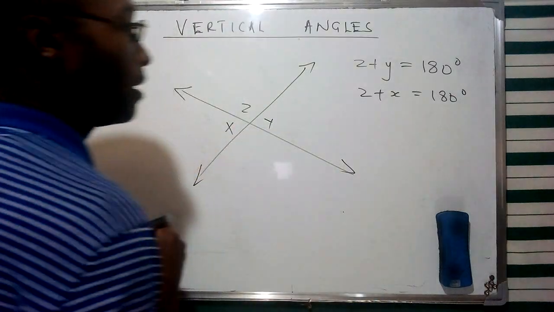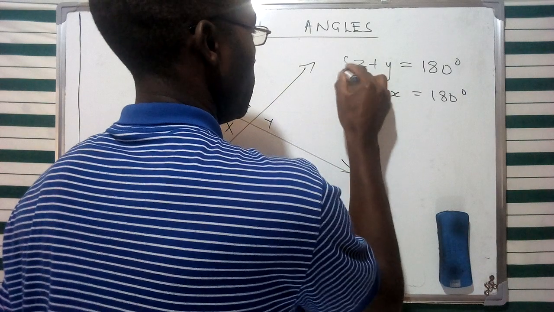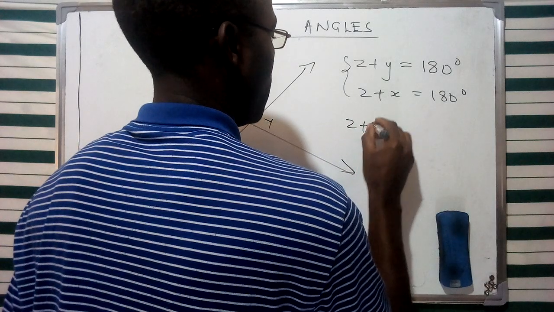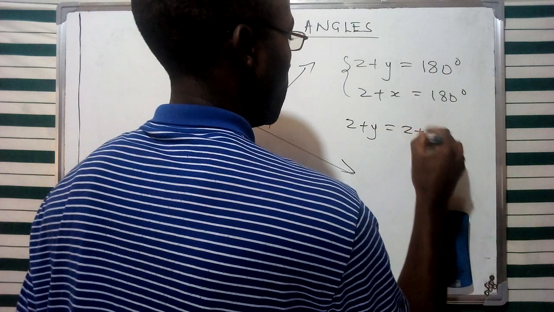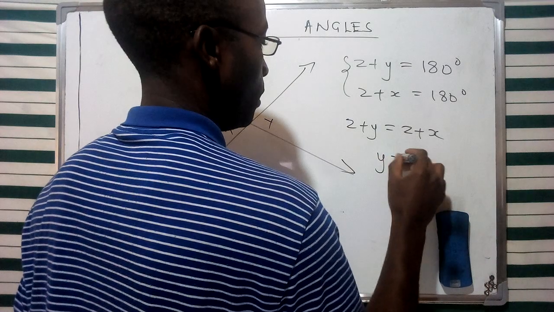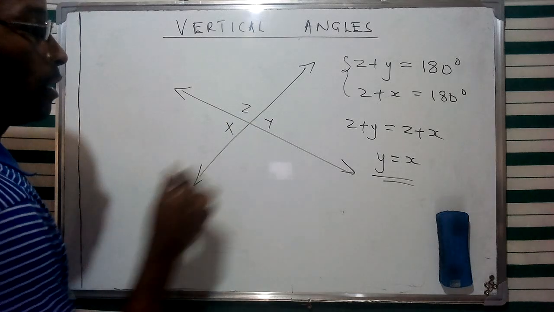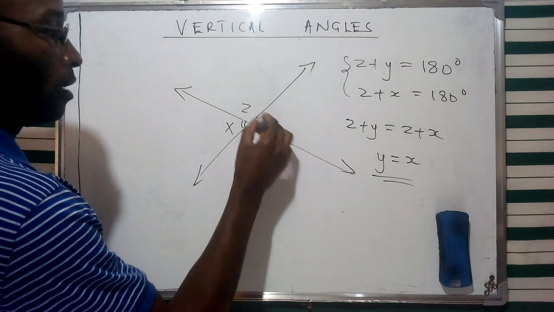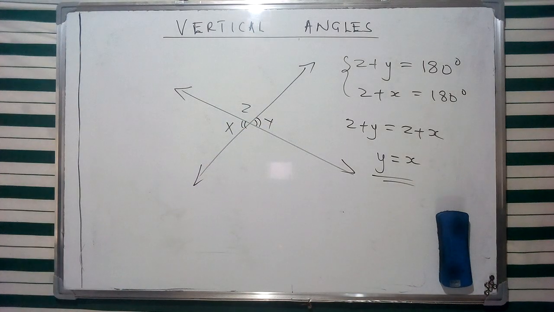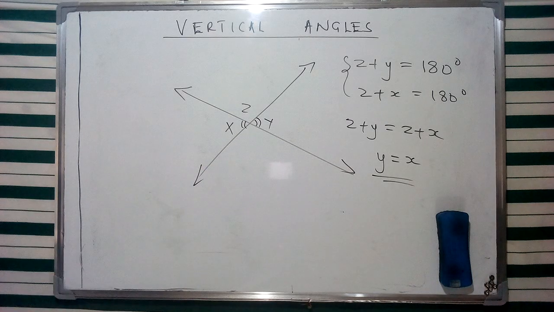So we have an equation relating the two, where Z plus Y is equivalent to Z plus X. This reduces to y equals x, which confirms that for the two straight lines, the two opposite angles are the same, or congruent.